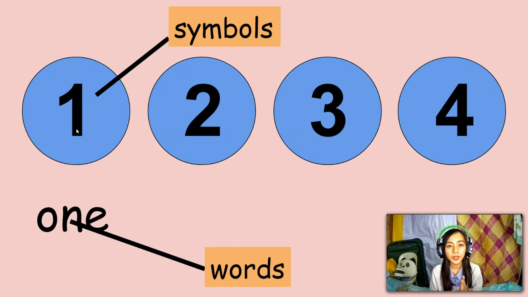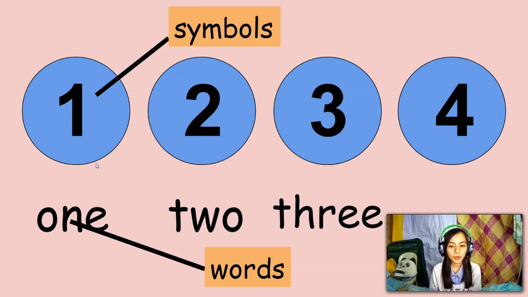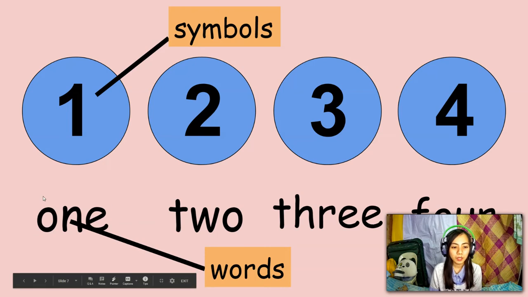While if you have to write the numbers in words, you just have to spell it out. For example, 1, you just have to spell it out as O-N-E, 1. While 2 is T-W-O, 3 is T-H-R-E-E, 4 is F-O-U-R. So this is what we call the symbols, while this is the words.